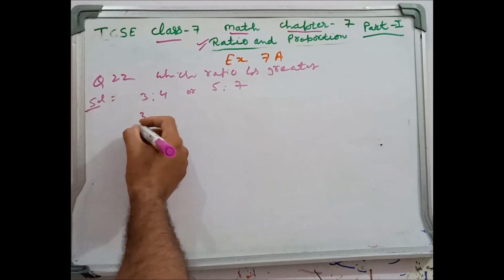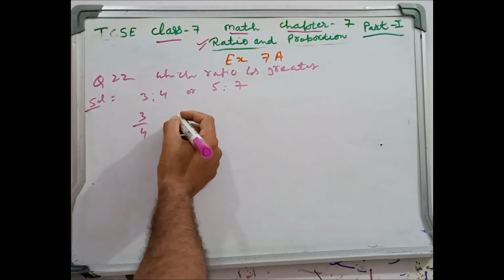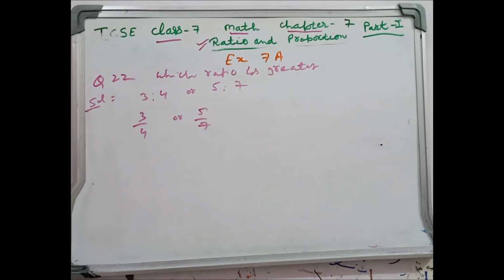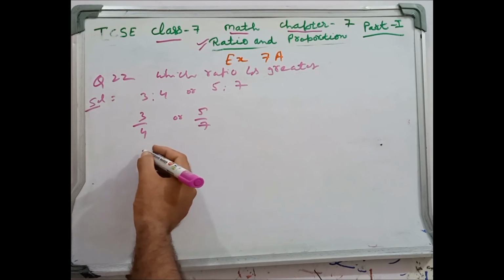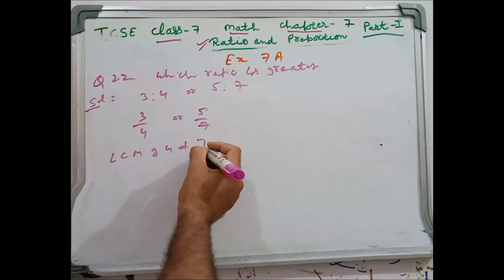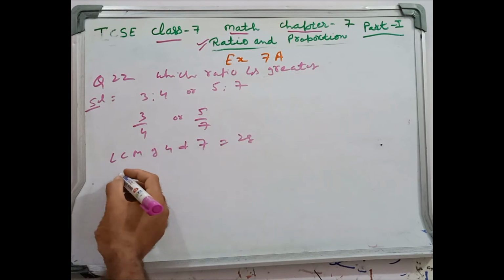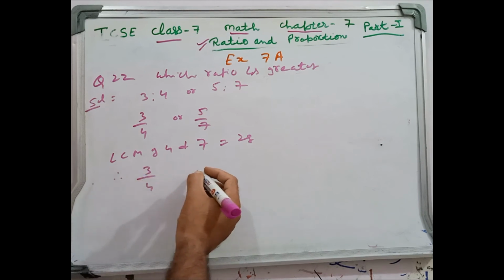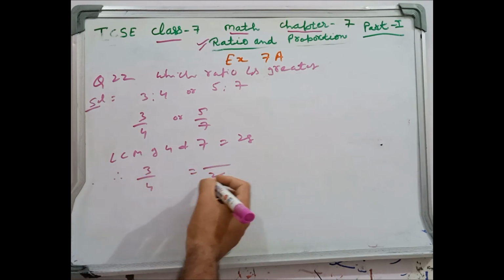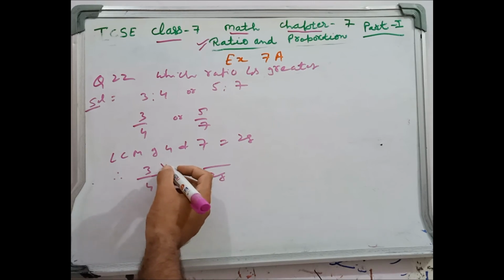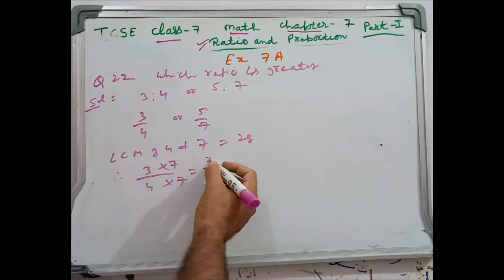So we will write it 3/4 or 5/7, right? LCM of denominators 4 and 7 is equal to 28. Therefore we will make equivalent fractions: 4 7 ja 28 and 7 4 ja 28.